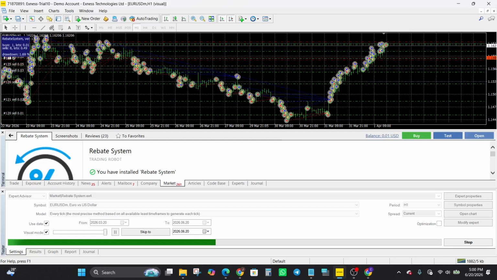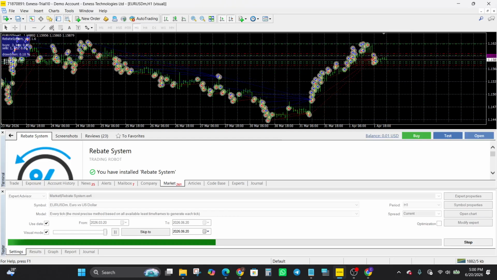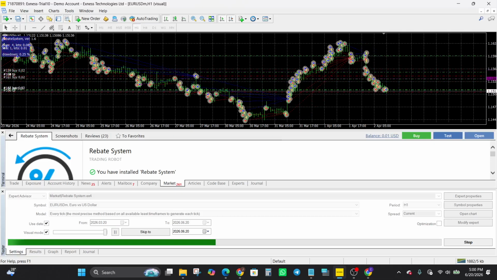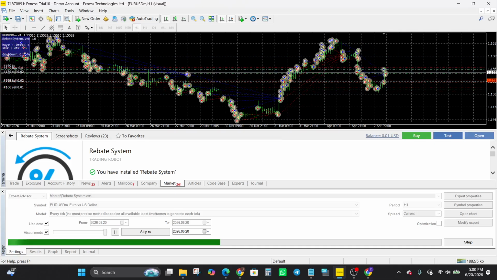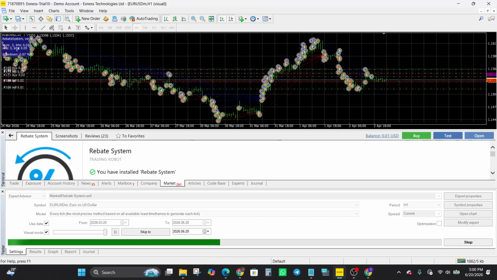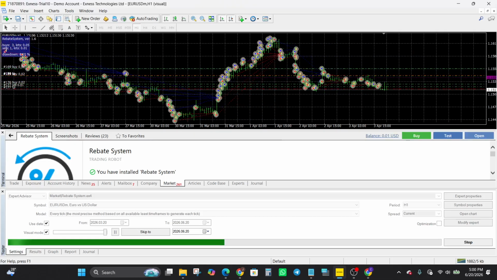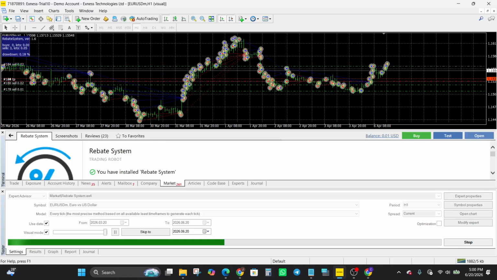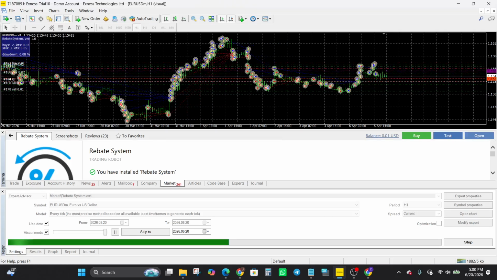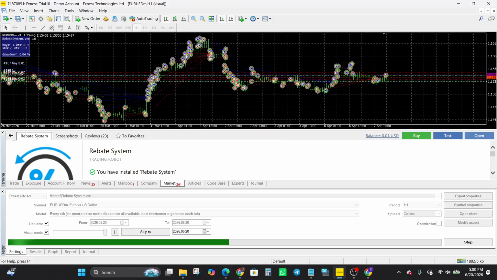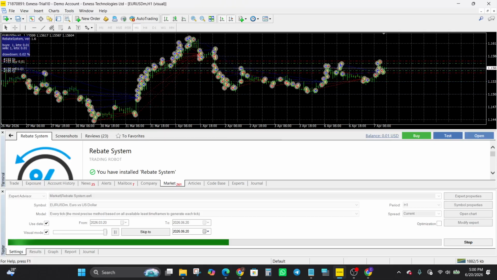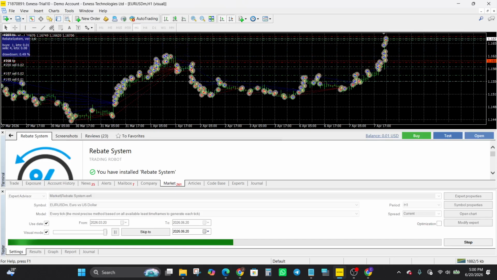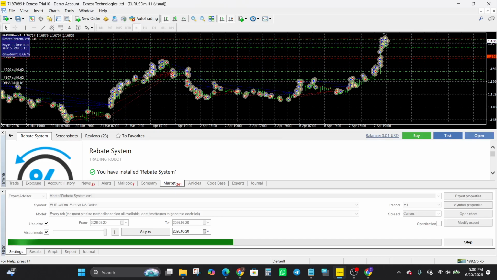All right, results can vary significantly depending on lot sizing, broker execution, spreads, slippage, market conditions, account size, and user optimization choices. Overall, the Rebate System EA for MT4 offers a grid-based trading approach with break-even management, lock-in functionality, and a built-in news filter.